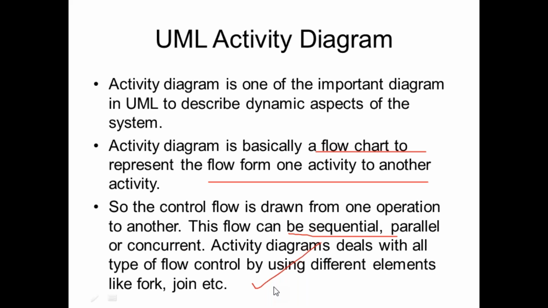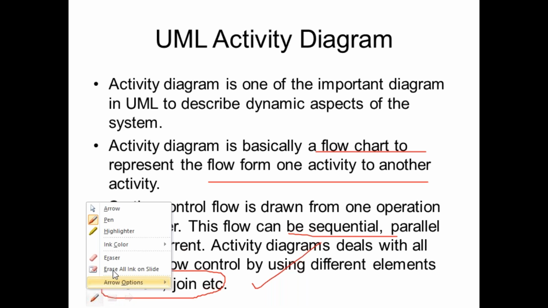So the UML activity diagram is a kind of flow chart used for defining the sequential, parallel, or concurrent flows of the system.